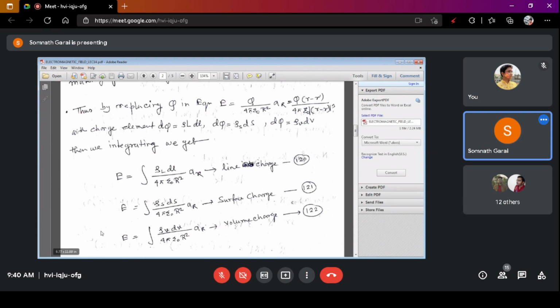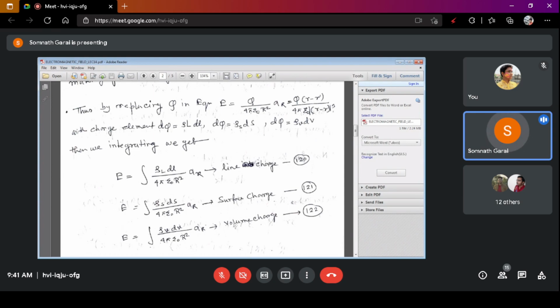Similarly, capital E is equal to the integration over rho S ds divided by 4 pi epsilon naught r square a_r, that is the surface charge. And capital E is equal to the integration over rho v dv divided by 4 pi epsilon naught r square into a_r, that is called the volume charge.